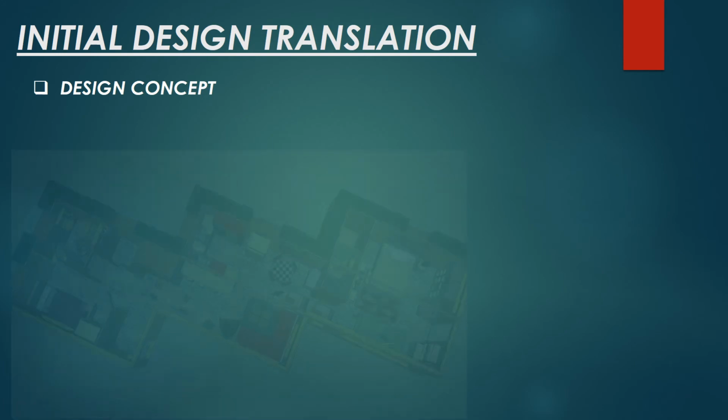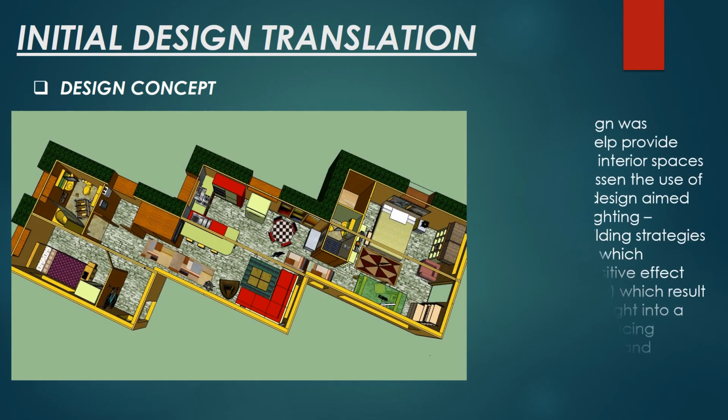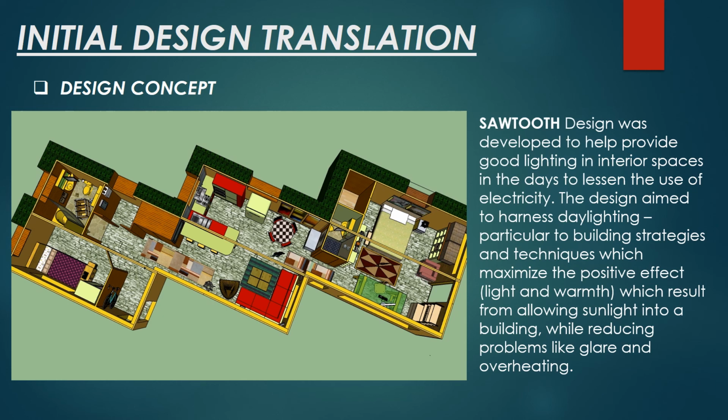For initial design translation, we have here the design concept. My design concept is a sawtooth. Sawtooth design was developed to help provide good lighting in interior spaces during the day to lessen the use of electricity.